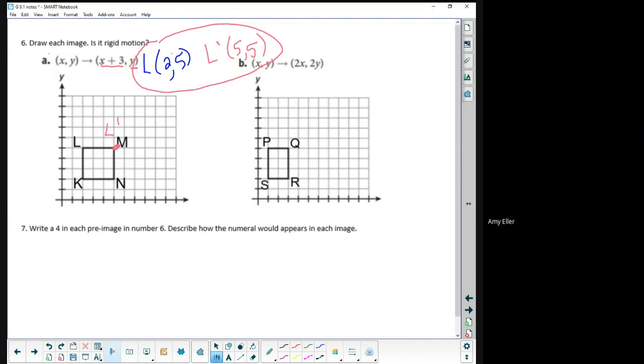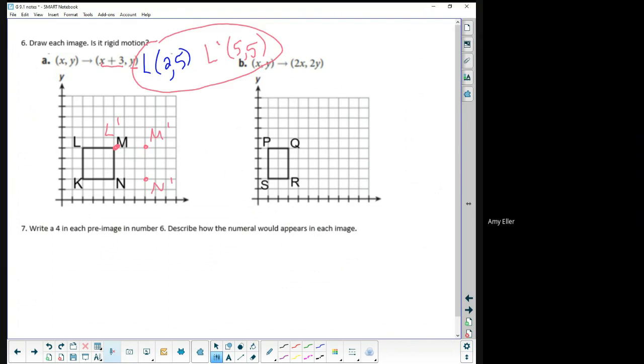So what you're going to do with M is you're also going to slide it over 3. 1, 2, 3. Call it M prime. Do the same for N. Take its current position, move it over 3 in the x direction.